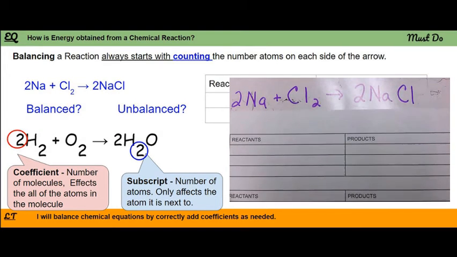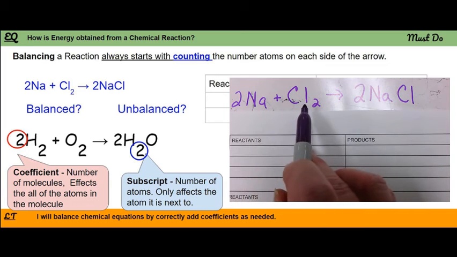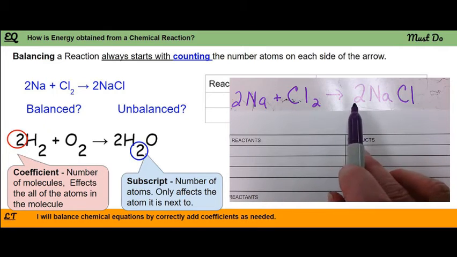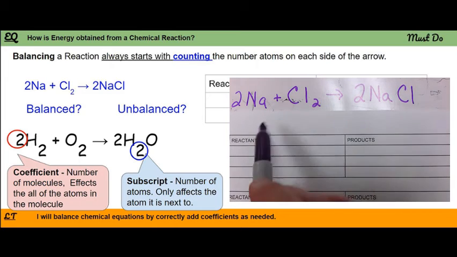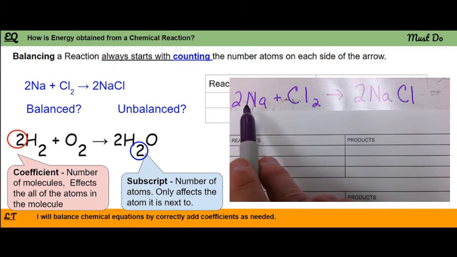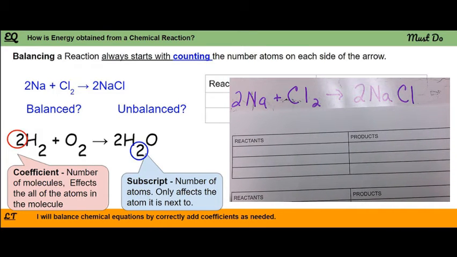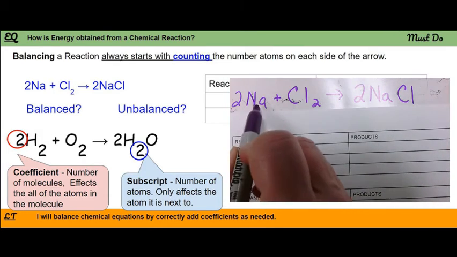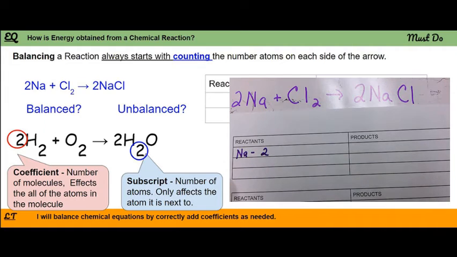Okay, for our first example, we have 2 sodiums plus a chlorine molecule, and that turns into 2 sodium chlorides. The first thing we want to do is look at, I always go from left to right just because that's the way I read, but you can do it in any order you want. Here I have 2 sodiums, so down here I'm going to write my reactant is sodium, and I have 2 of them.